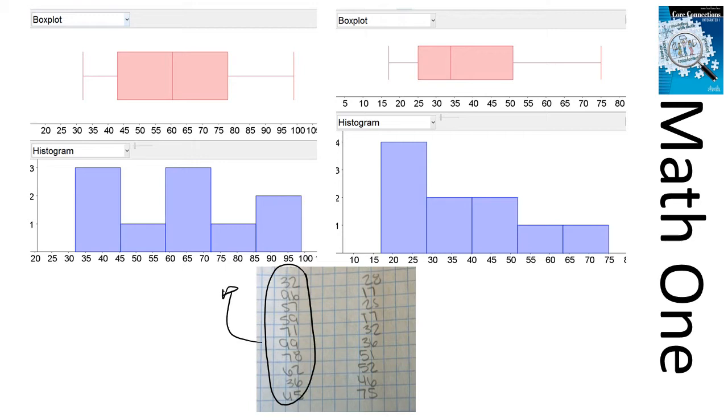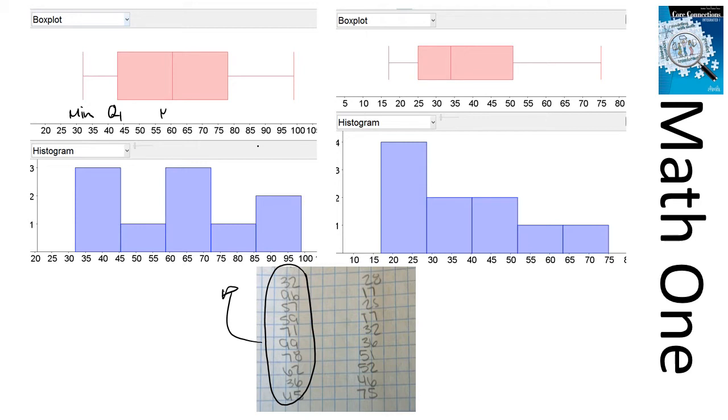On the left-hand side here, I do have the box plot on top, and of course, this is the minimum value in that data set. I can see that the minimum was 32, even though this isn't set up in order. The smallest was 32. And then this is quartile 1. That's the middle of the lower half of the data.